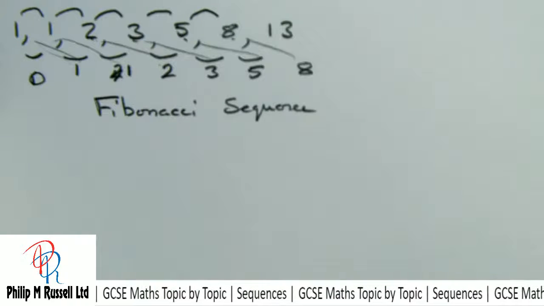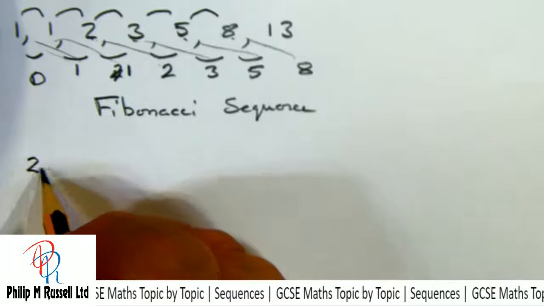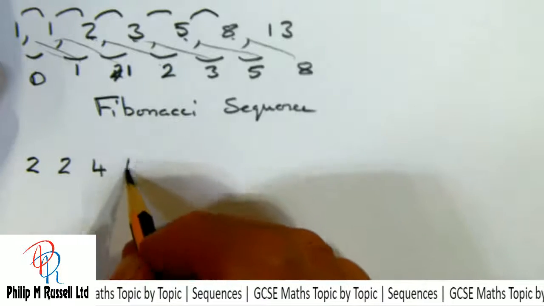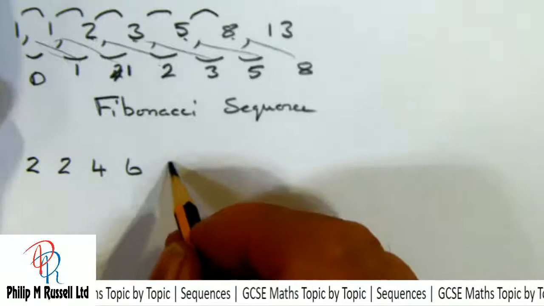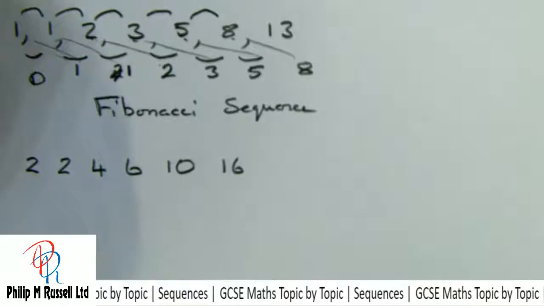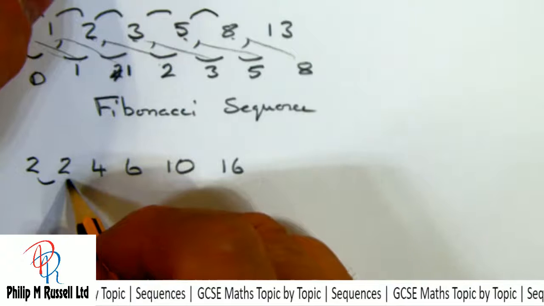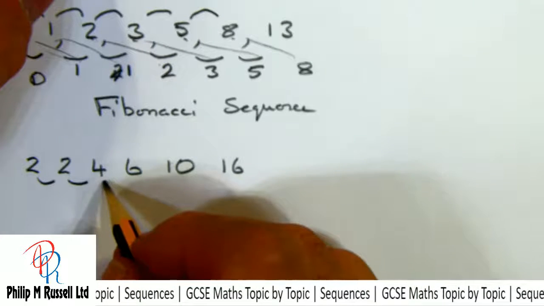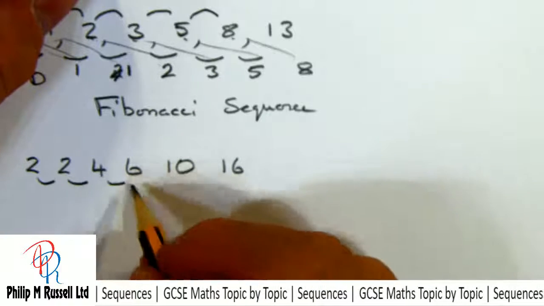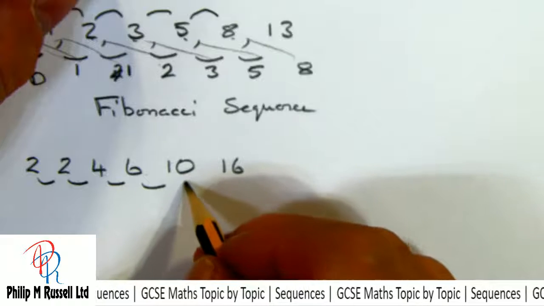Let's see if we can have a look at another one of these. 2, 2, 4, 6, 10, 16. And I'm calculating that as I'm going along by putting down my first two numbers, then 2 and 2 make 4, 4 and 2 make 6, 4 and 6 make 10, 6 and 10 make 16.